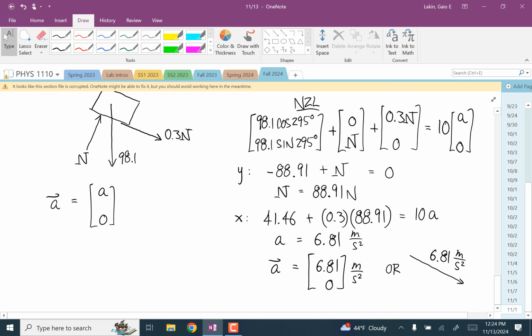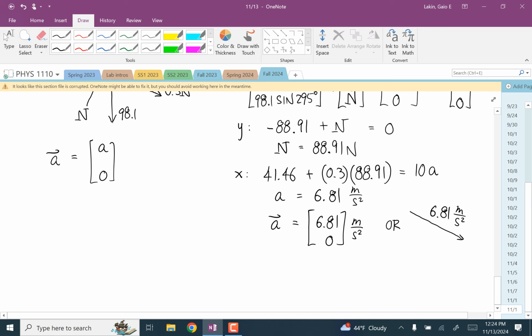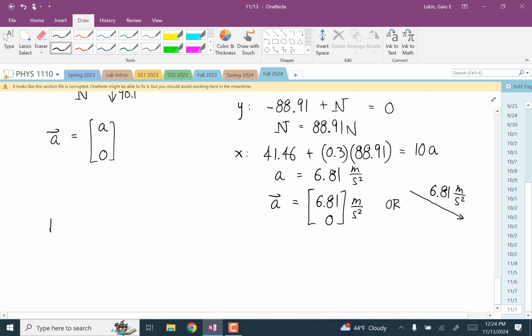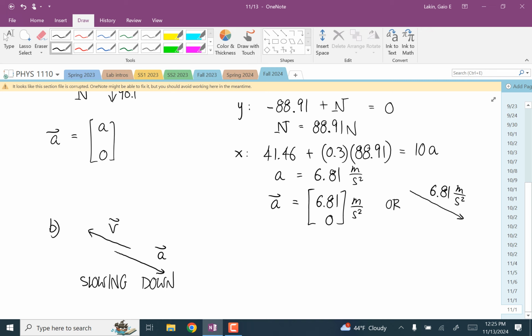And then it asks you, is this speeding up or slowing down? All you have left for part B is to figure out if the acceleration is in the same or the opposite direction from the velocity. The velocity was up the ramp. The acceleration we just figured out is down the ramp. And so this is slowing down. Any questions about that one?